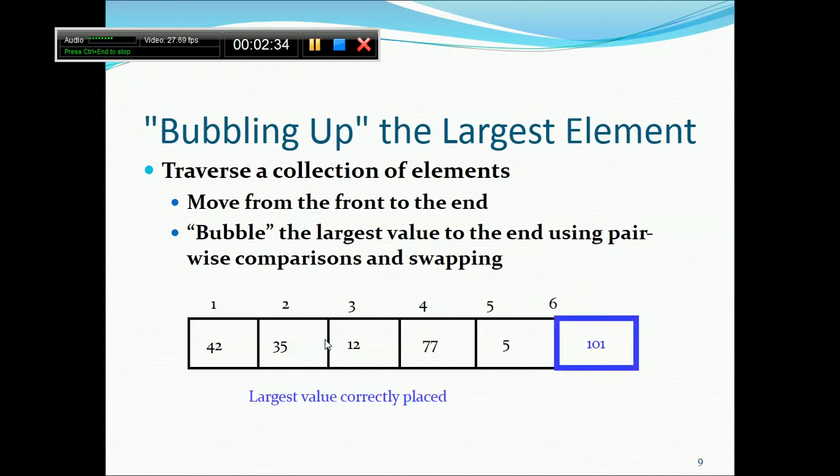The largest value is correctly placed as 101. After a single iteration, the largest number will be placed at the extreme upper bound, the largest index.